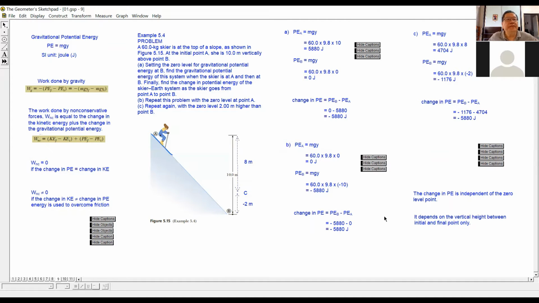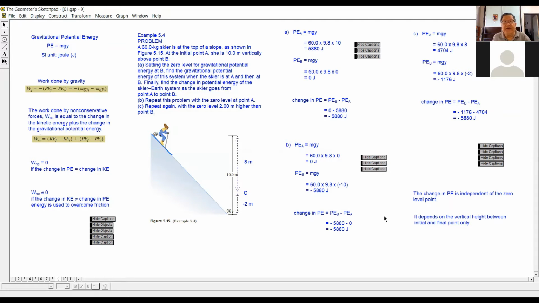A 60 kg skier is at the top of the slope as shown in figure 5.14. At the initial point A, she's 10 meters vertically above point B. Setting the zero level for gravitational potential energy at B, find the gravitational potential energy of the system when the skier is at A and then at B. Finally, find the change in potential energy of the skier-Earth system as the skier goes down from point A to point B. Repeat this problem with the zero level at point A. Repeat again with the zero level 2 meters higher than point B. What they are trying to show you in this example is that it is independent of the zero level.